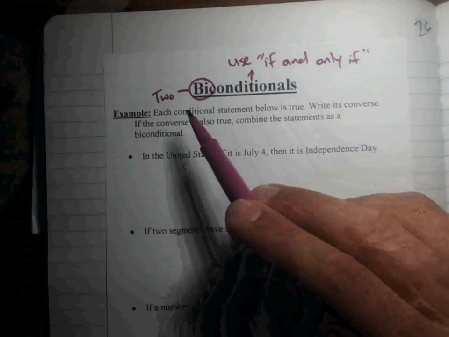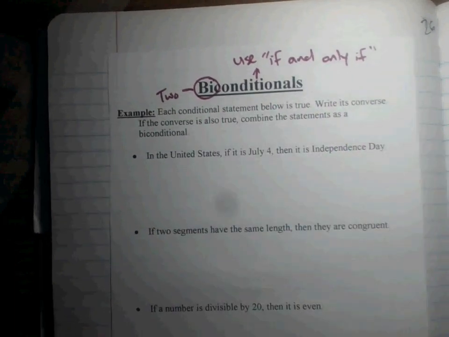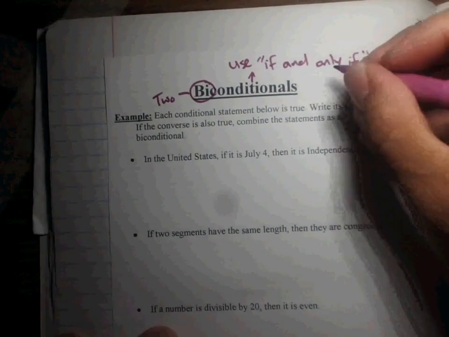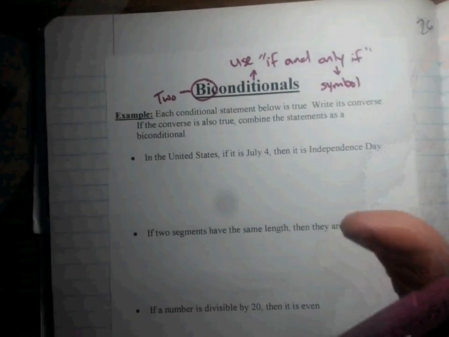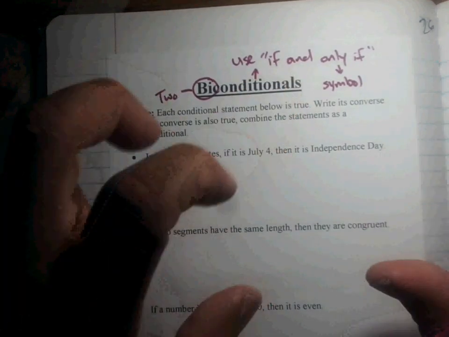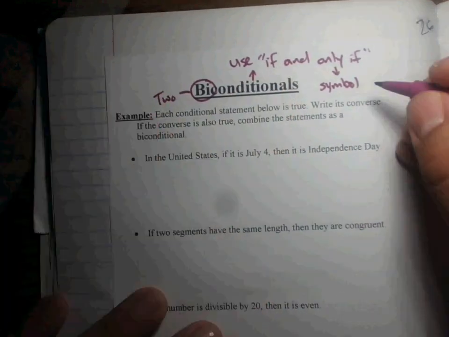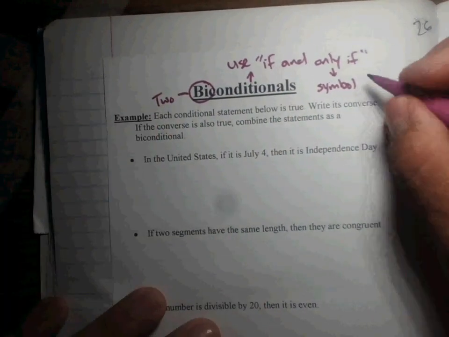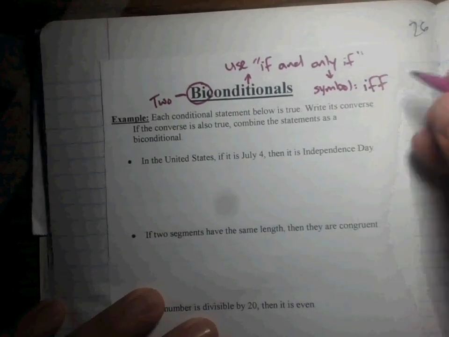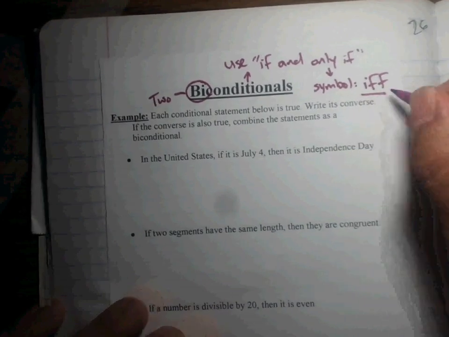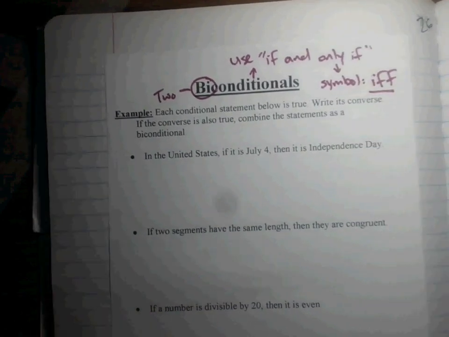So using the words if and only if is how we're going to connect two different conditional statements. The symbol for it, I put quotations around it, is actually just I, F, F. Iff, right? If and only if.